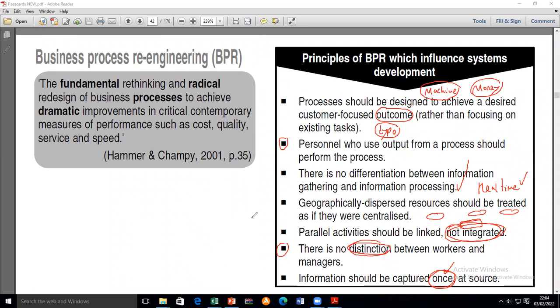What is an example of parallel activity? What are the examples of activities that are happening at the same time? Can anyone think of an example of activities that are happening at the same time?